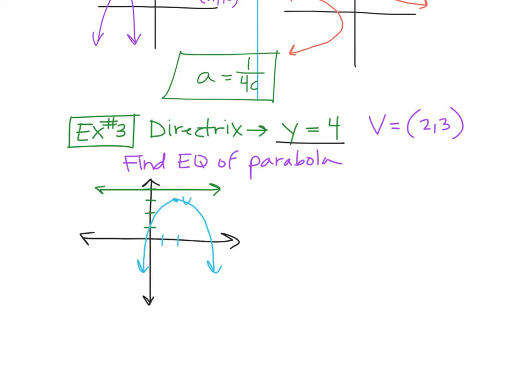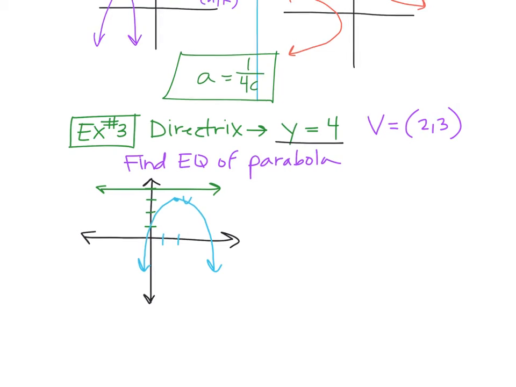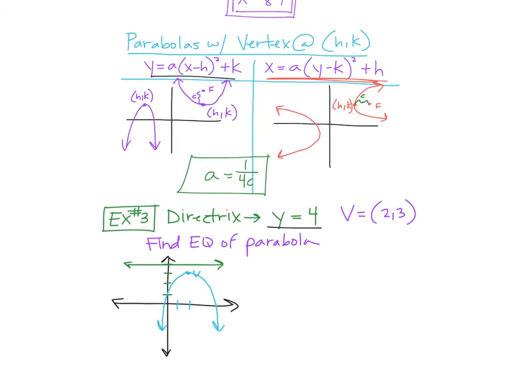So when they open up and down, if you refer back here, we are using this setup. So I know that I'm using y equals a times x minus h squared plus k. Well, I know that my vertex is always hk, so I know this much so far.